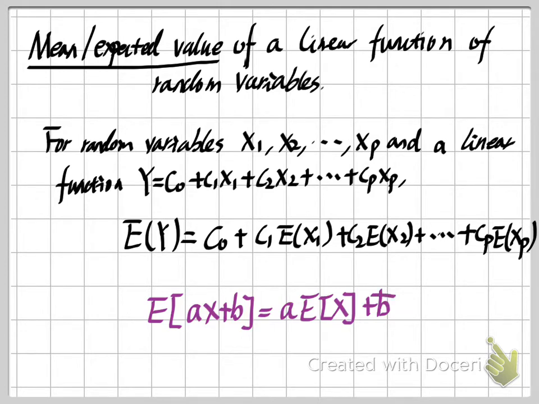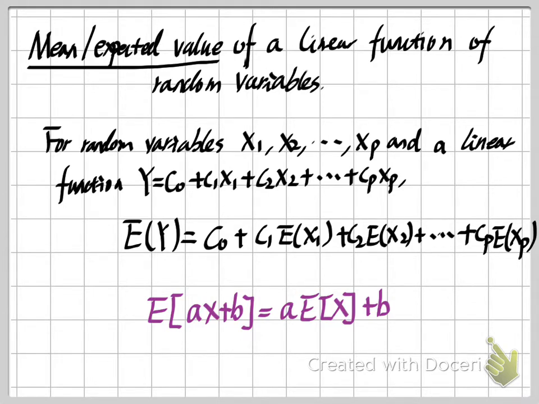If we extend this to multiple random variables, the idea is still the same. If there is only a constant like c0 here, we just add this c0 to the final answer. And for the other terms, we just move the constants c1, c2 out from the expected value.